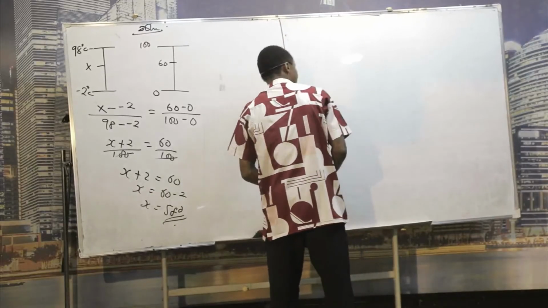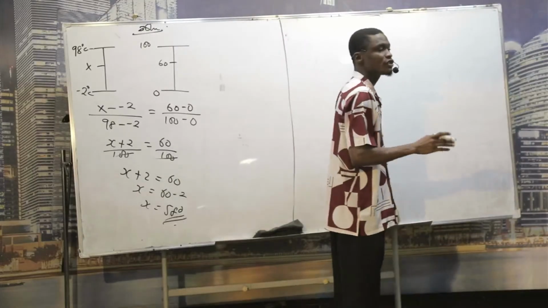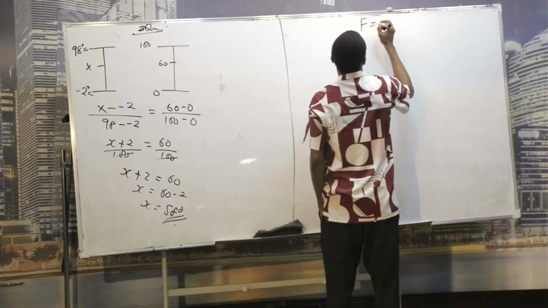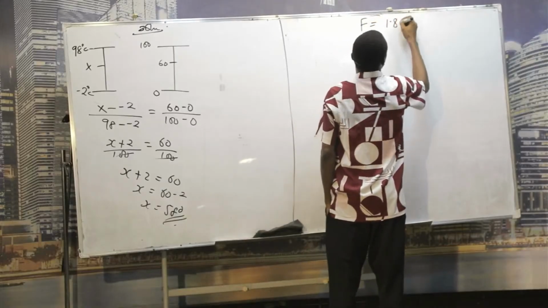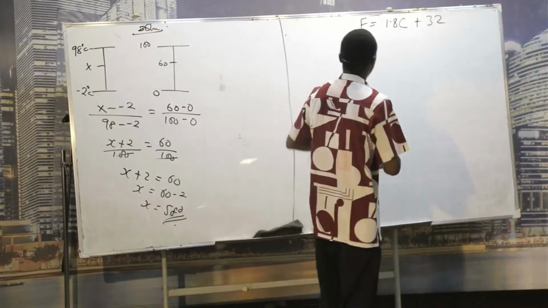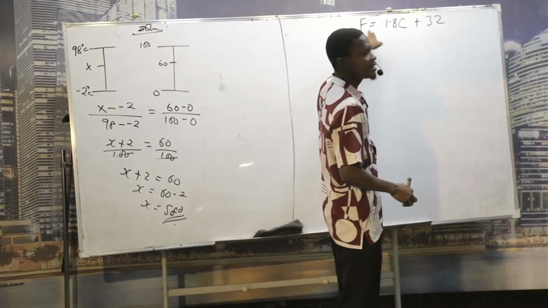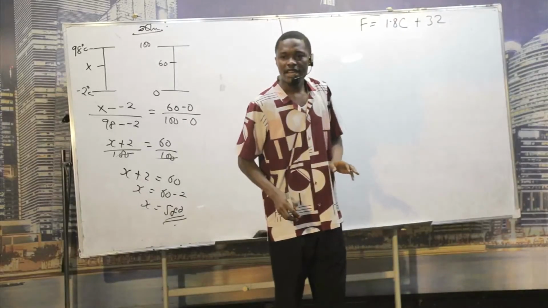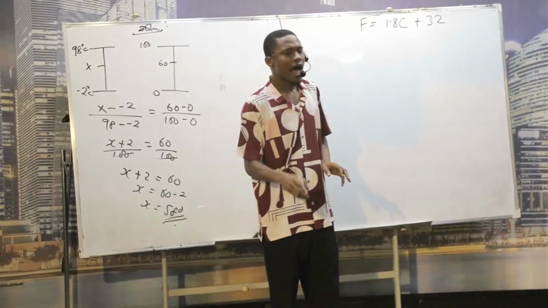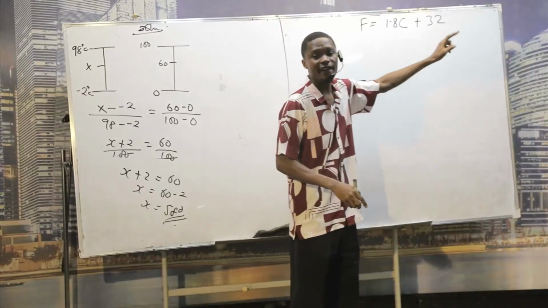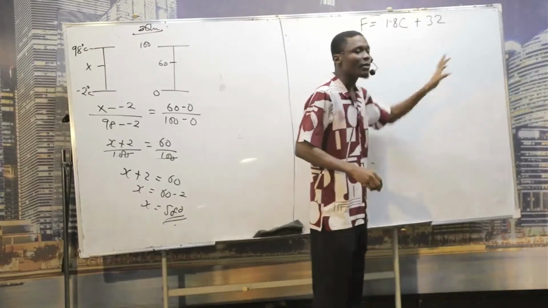If I want to convert a temperature from Celsius to Fahrenheit, look at the formula. Fahrenheit temperature is equal to 1.8 times Celsius temperature plus 32. So if I was asked to convert a temperature in Celsius to Fahrenheit, I can simply use this formula and get my answer.